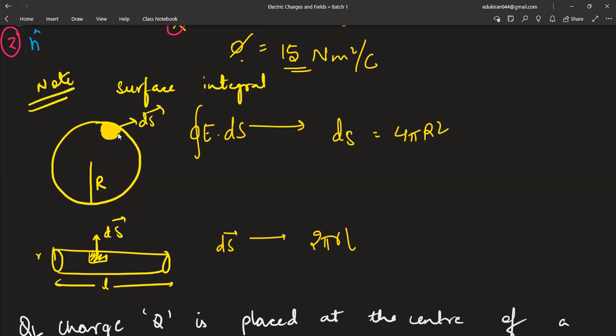Suppose we have ds here, we'll be considering the surface area of the entire sphere. Like here, just a rectangle is made, and we have taken this small portion from the cylinder for our reference. But we'll take the entire cylinder's area when we are taking ds. Write it quickly.